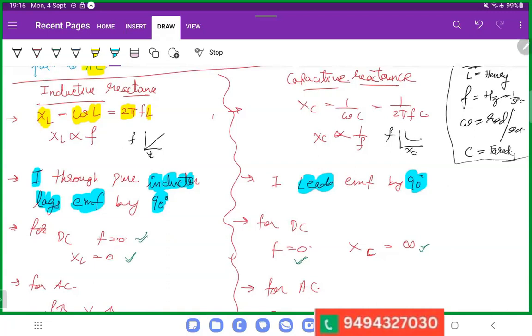This is most important: for DC, direct current, frequency is zero. So XL is zero because they are directly proportional. For DC in a capacitive circuit, frequency is zero, so XC becomes infinite, 1 by 0 means infinity.